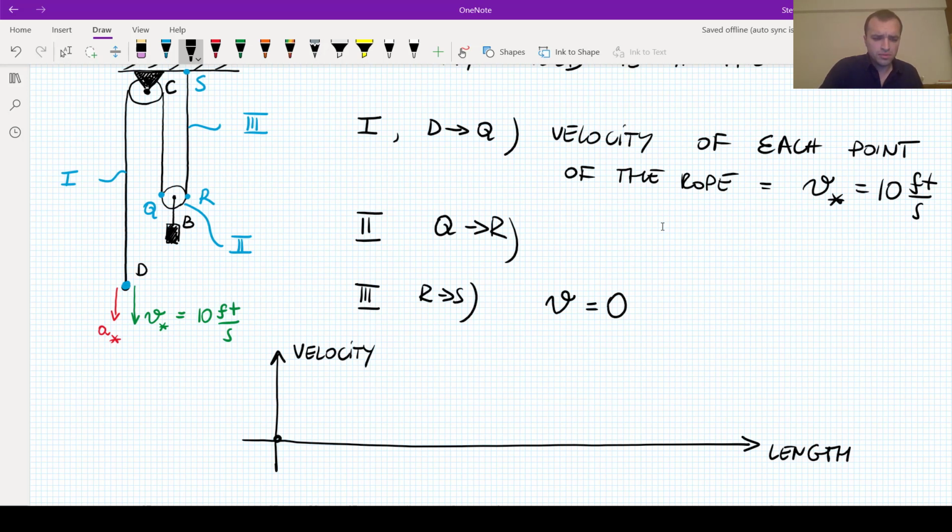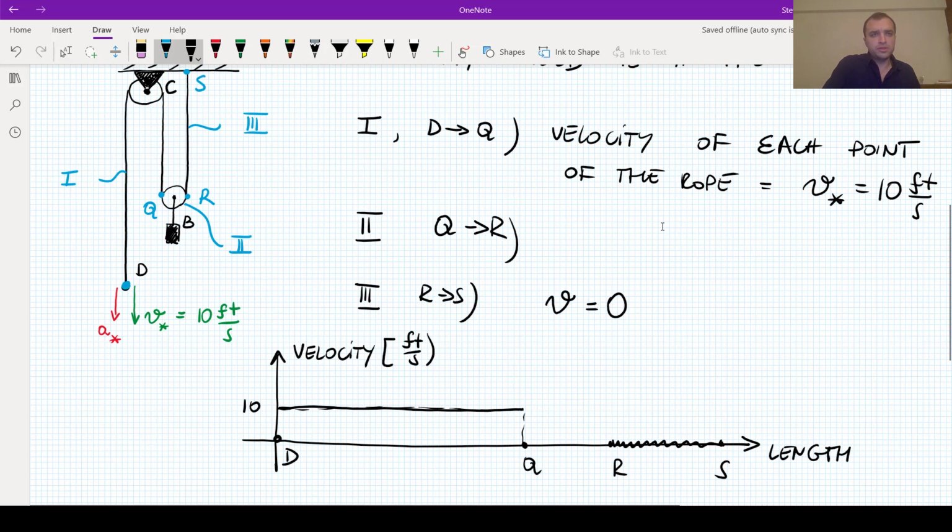So from point D to point Q, our velocity is constant, and it is 10 feet per second. Then, from point R to point S, our velocity is 0. And between these 2 points, something happens. And the rest of the video will be dedicated to figuring out what's happening there.